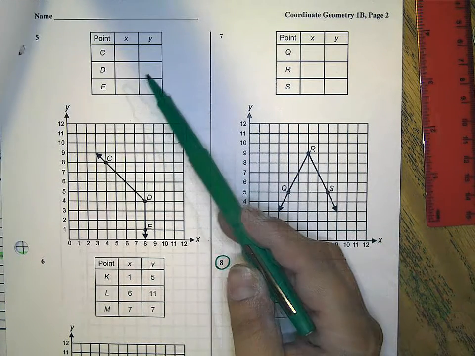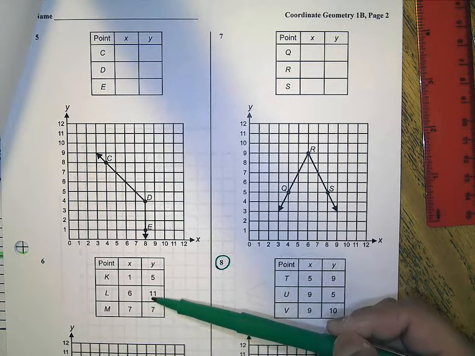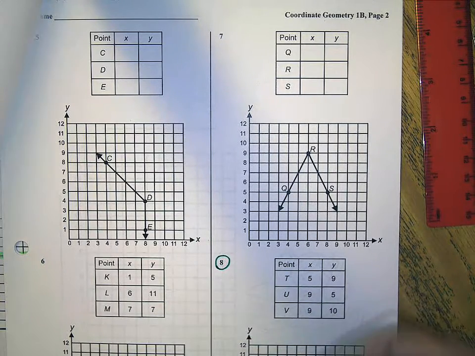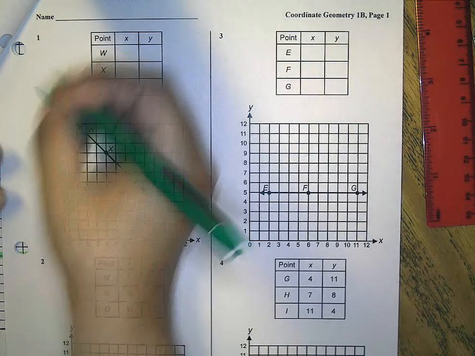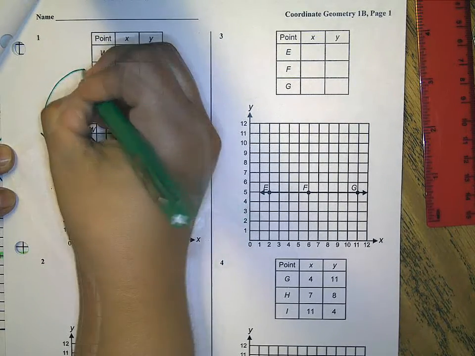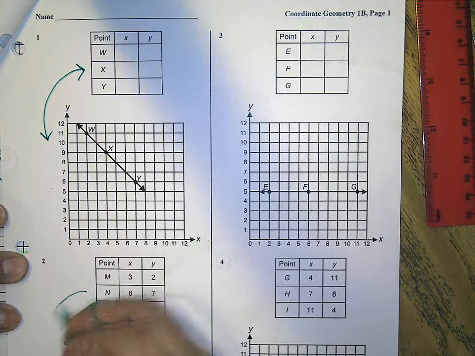You have your data table on top, and then you have your coordinate grid right under it. If you look at number 1, the data table goes with this one. If you need to, draw arrows. For number 2, same thing.